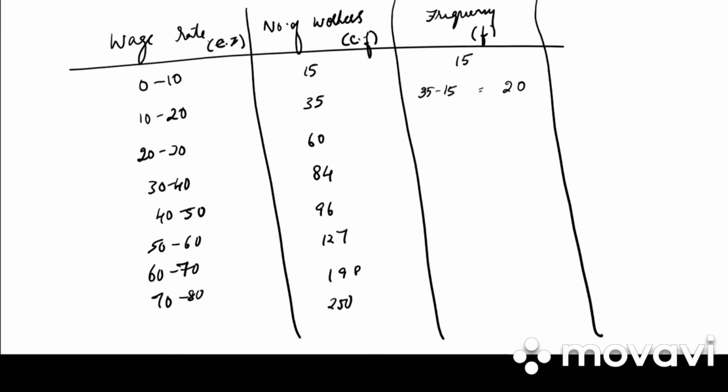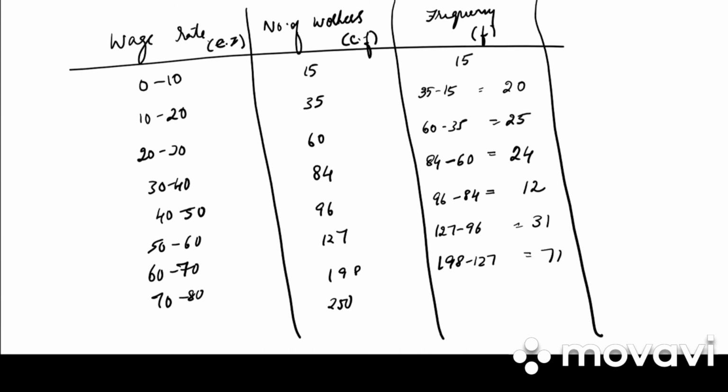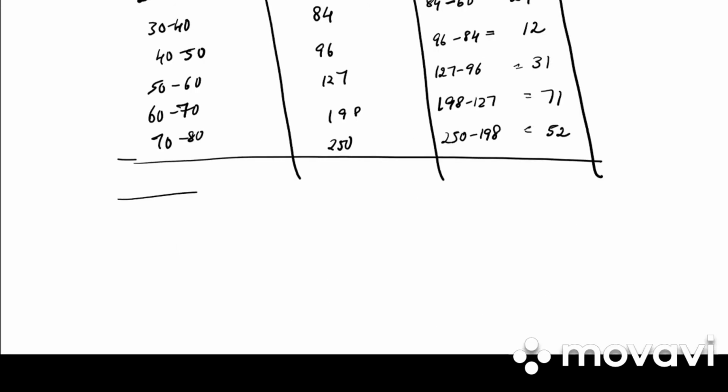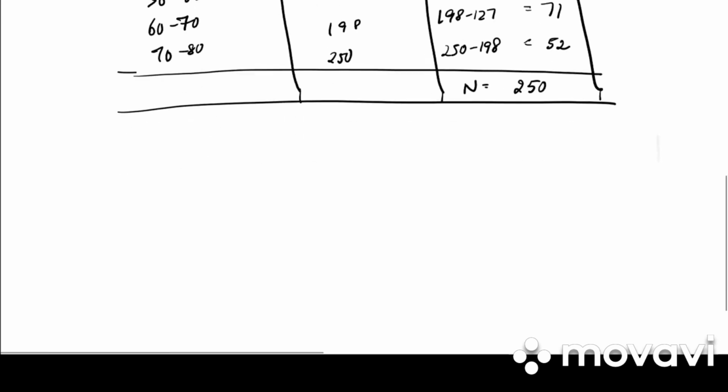Then 35 minus 15, 20. 60 minus 35, 25. 84 minus 60, 24. 96 minus 84, 12. 127 minus 96, 31. 198 minus 127, 71. 250 minus 198, 52. This is the same as we did in the case of ogives. They gave us cumulative frequency, and we found out the frequency. So n is equal to 250.